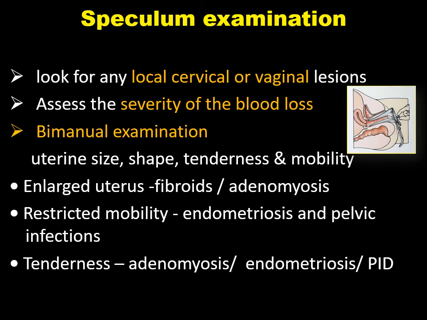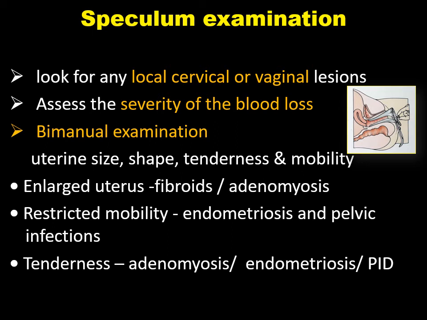Pelvic examination, we start by a speculum exam to look for local cervical or vaginal lesions and assess the severity of the blood loss. Then we do bimanual examination to assess the uterine size, direction, shape, tenderness, and mobility.